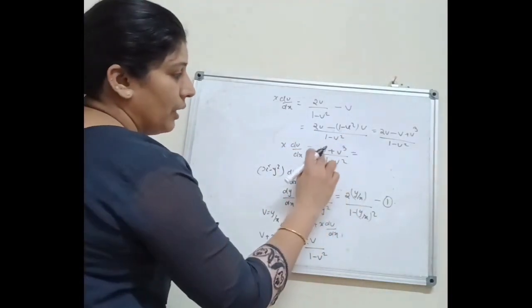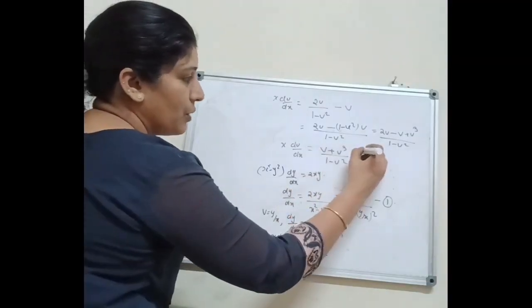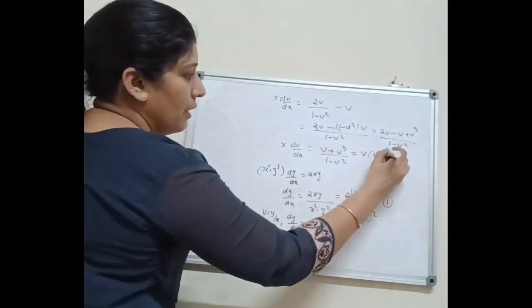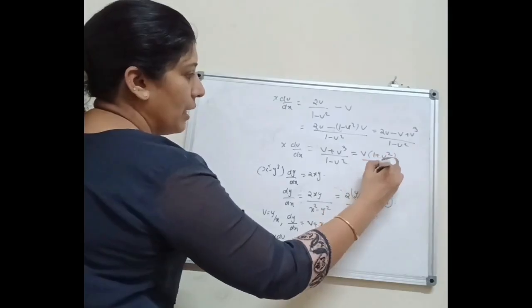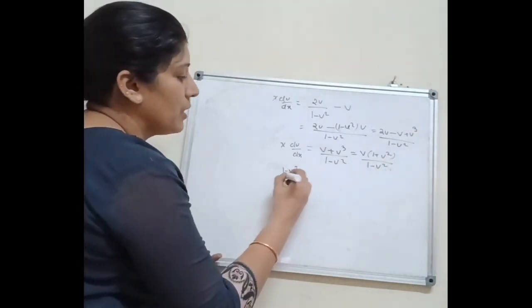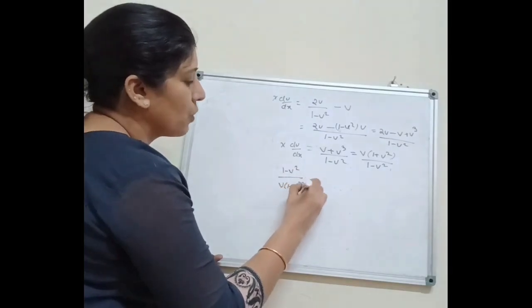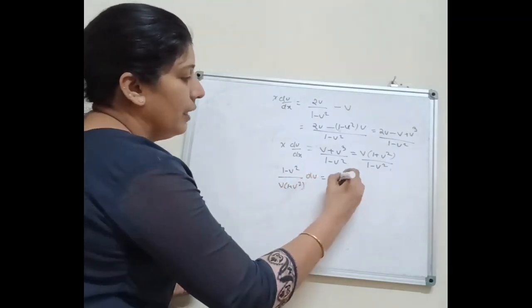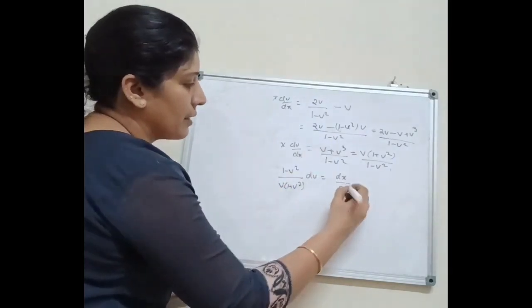In the numerator, v + v³, we can take v outside: v(1 + v²)/(1 − v²). So we write it in variable separable form: (1 − v²)/[v(1 + v²)] dv = dx/x.